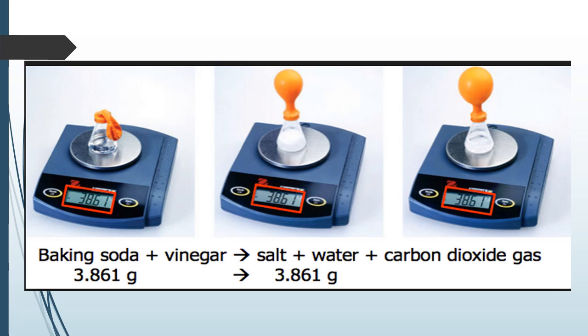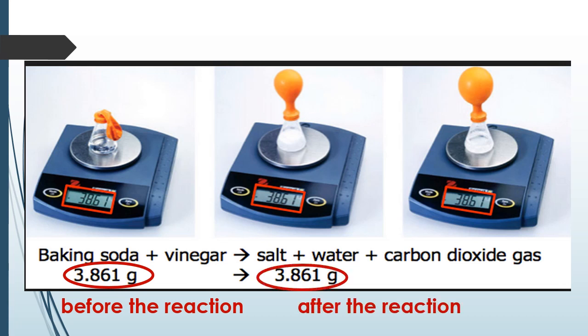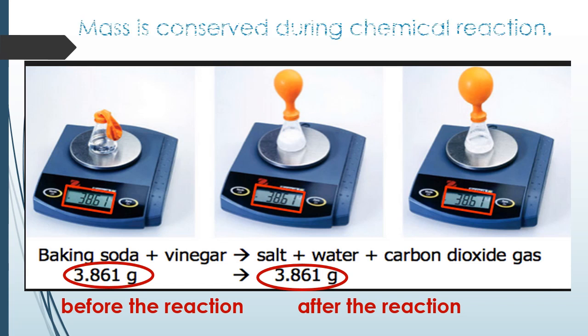The mass remains the same, 3.861 gram. Before the reaction, the mass is 3.86 gram, and after the reaction, the mass is conserved. The mass remains the same. So mass is conserved during chemical reaction.